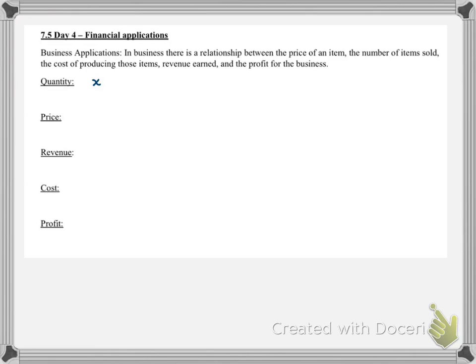Here we're going to have X always represent the input, or always represent the quantity, and that'll be the input of all the functions. That way everything is based on one thing, and so we can work with the functions together, so we can combine them because they all have the same input.